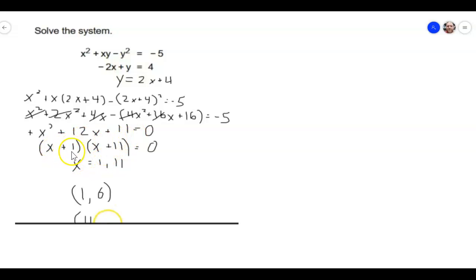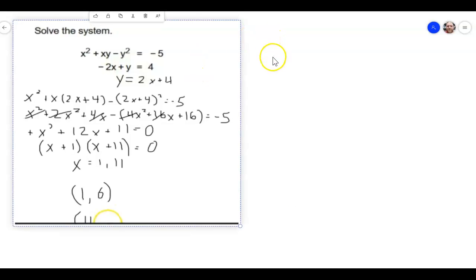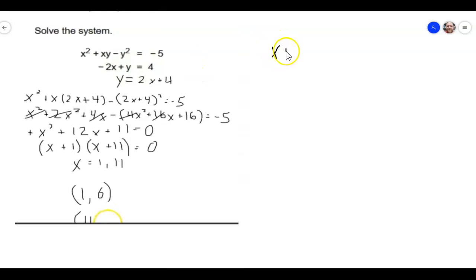So I had x plus 1 times x plus 11 is equal to 0. If I wasn't doing a bunch of shortcuts, what I should have done was say x plus 1 is equal to 0, and then if I subtracted the 1 from both sides, that would have been x is equal to negative 1, and the same thing with x plus 11 equal to 0.